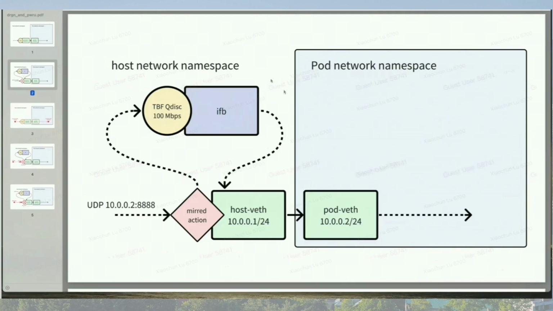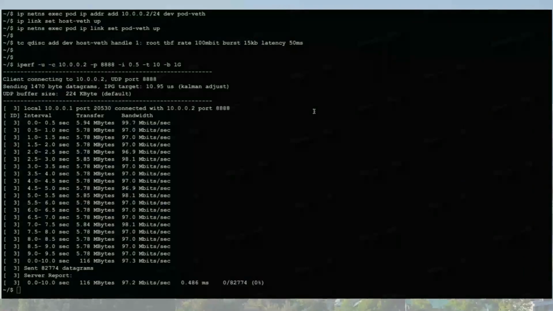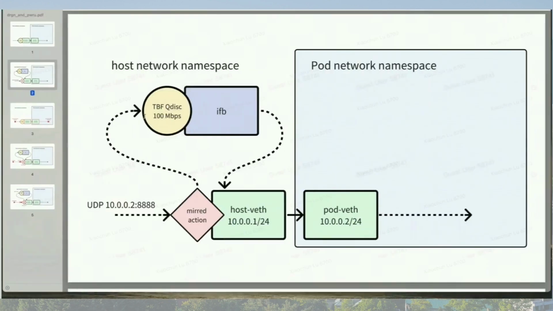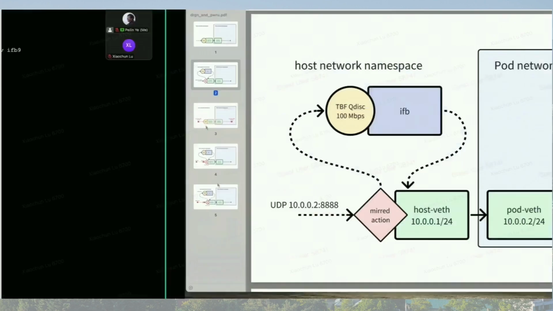Everything sounds good, so let me just set this up. First we need to delete the TBF qdisc on host veth, create an IFB and set up redirection. Finally, attach the same TBF qdisc to the IFB device, like shown in this diagram.